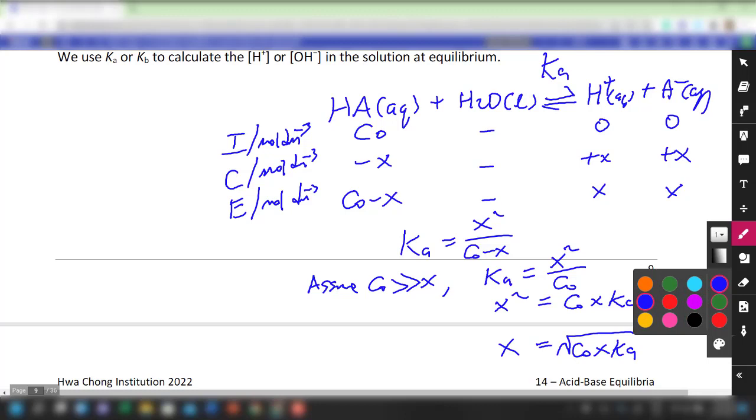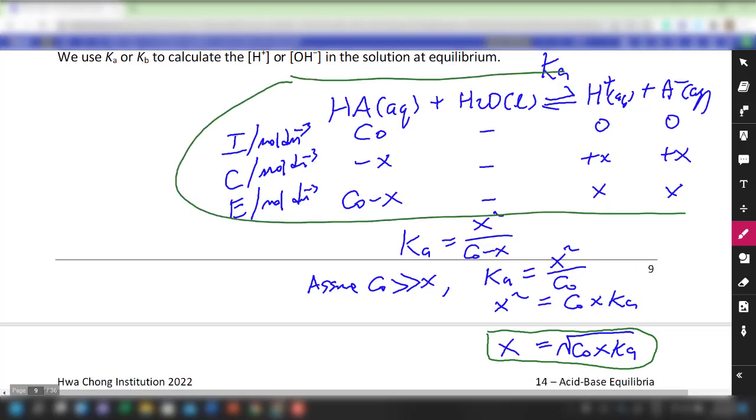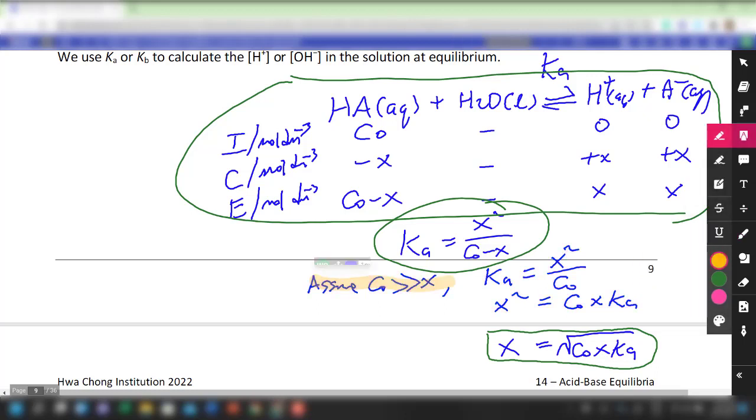This is the expression that a lot of guidebooks and even textbooks wrote for students, and students thought that they actually need to memorize it. Yeah, so again, my suggestion is I prefer the students to work from first principles. So create an ICE table. It doesn't take you too much time, and then formulate the actual Ka expression, and then know what kind of assumption you are making.